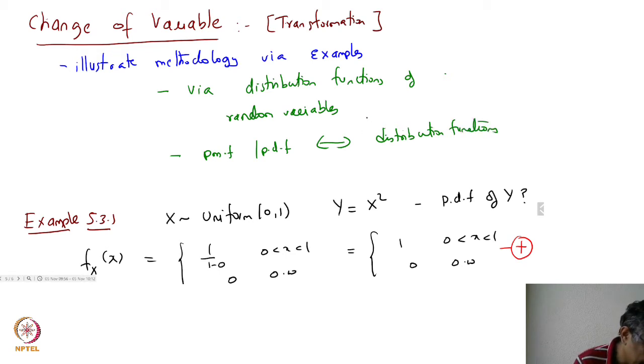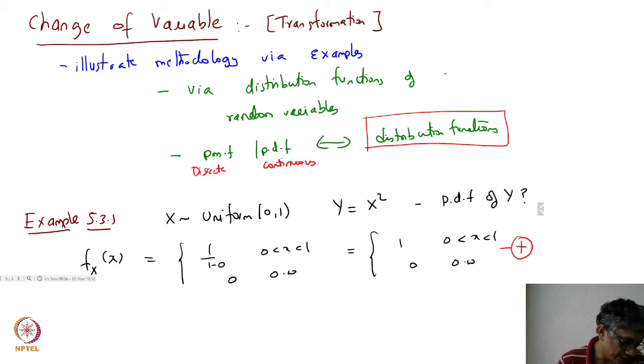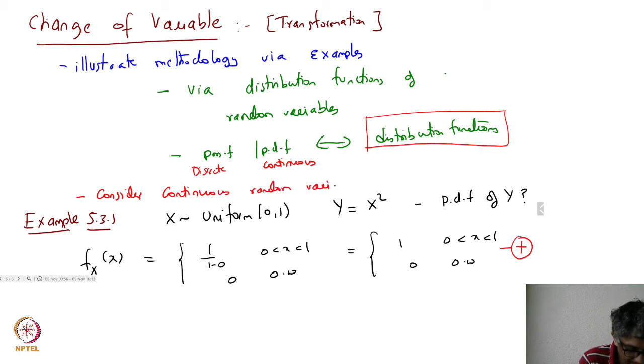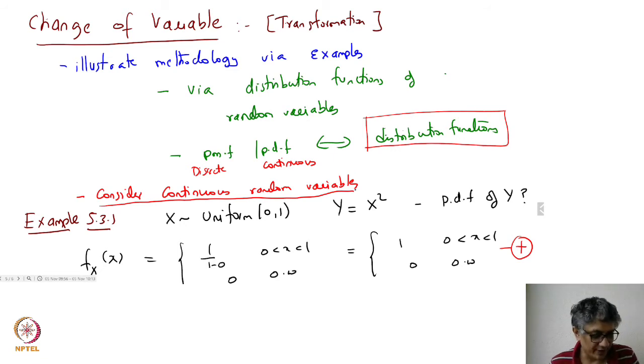The key thing was that the distribution function was a canonical concept for both discrete and continuous. Of course, here I'm doing only continuous random variables. In the discrete world, you can do PMF directly by transformation. But in the continuous world, you go to the distribution function and then come to the density function.